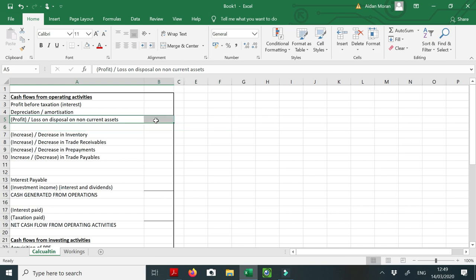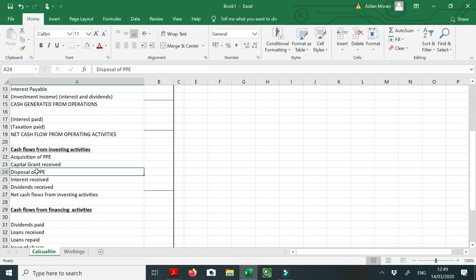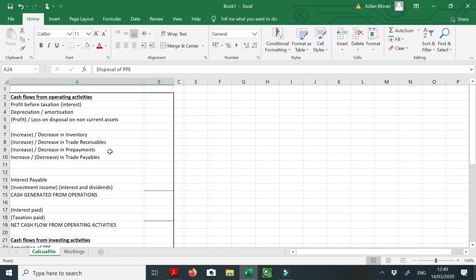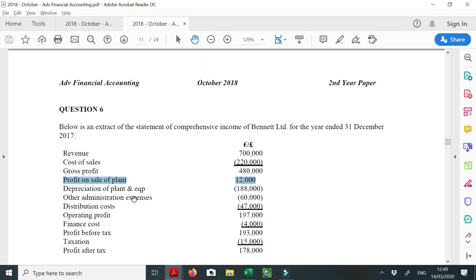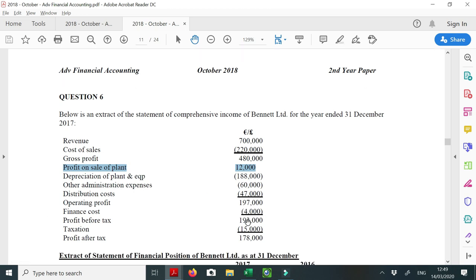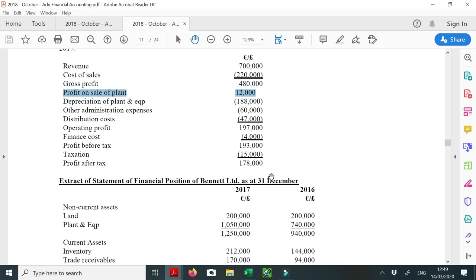The challenging point is going to be working out what my actual proceeds were, because I know the profit but I don't know the proceeds, so it's a small little working. I've got some depreciation costs, my finance cost is my interest, and I get my profit before tax.